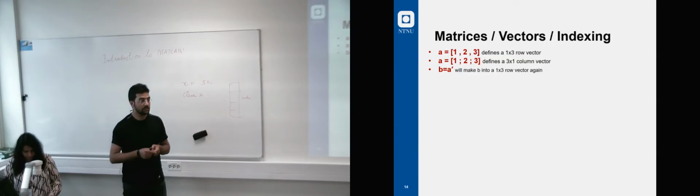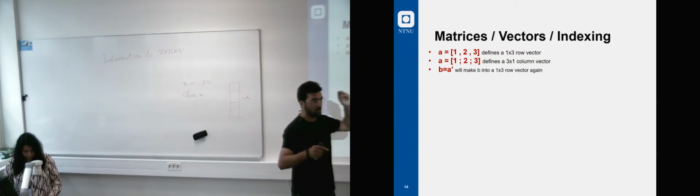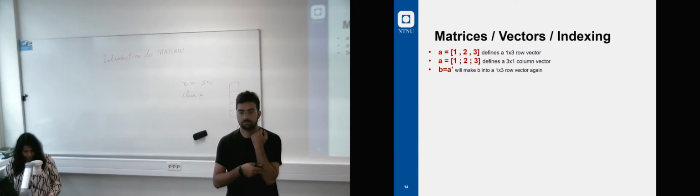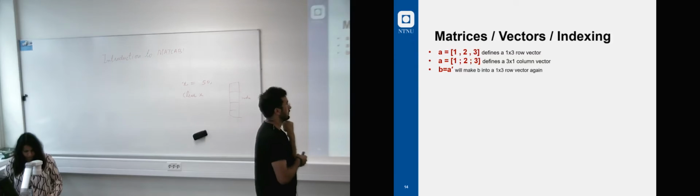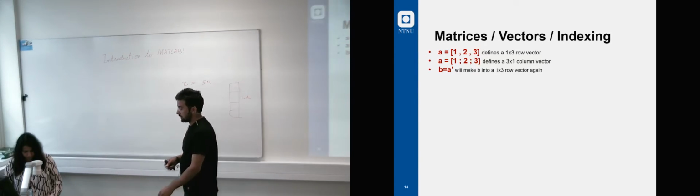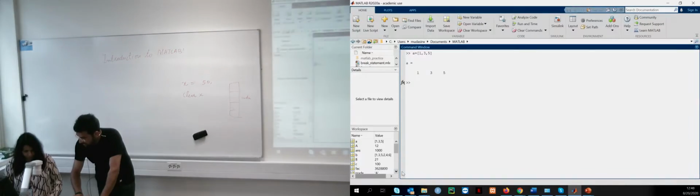If you write the name of the vector with a dash, then hit enter, what are you getting? I said A, then this.